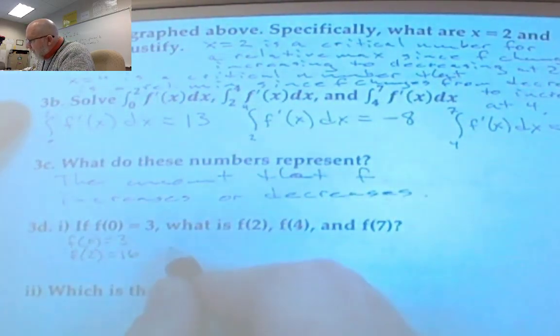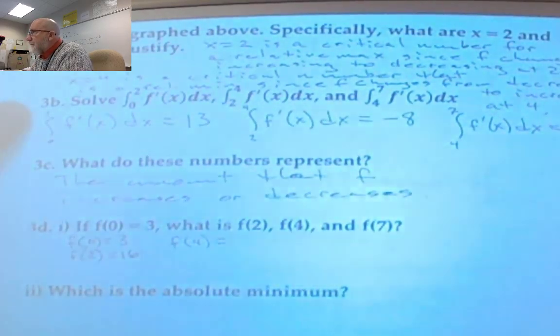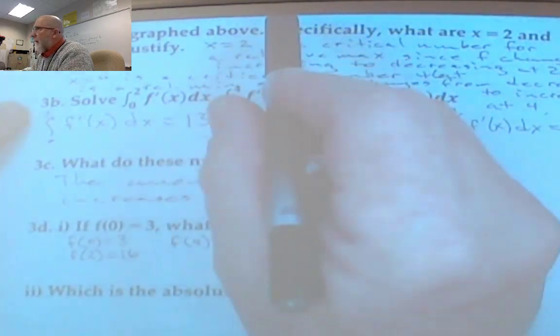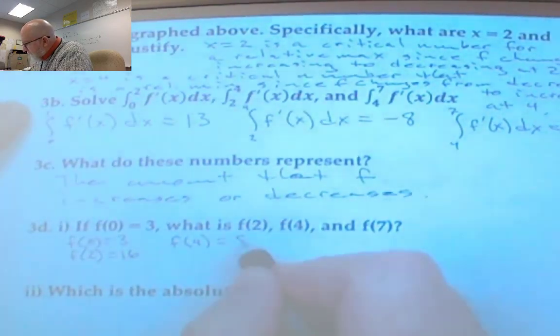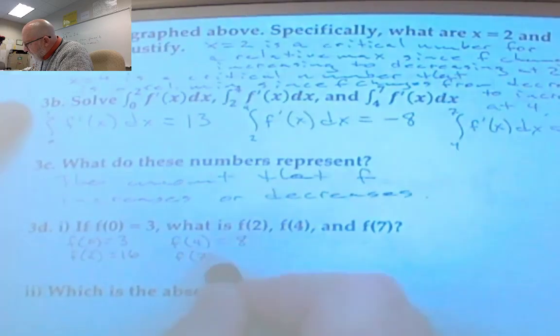Okay, Maureen, you even got a harder one. What's f of 4? So what happens at 2, 16? It turns around and decreases, and it decreases by 8. It's 8. Perfect. So what is f of 7?